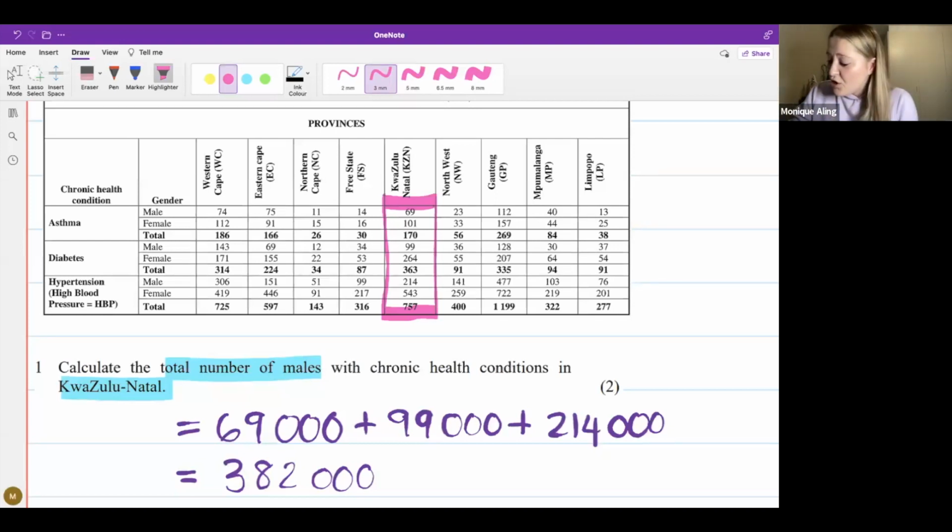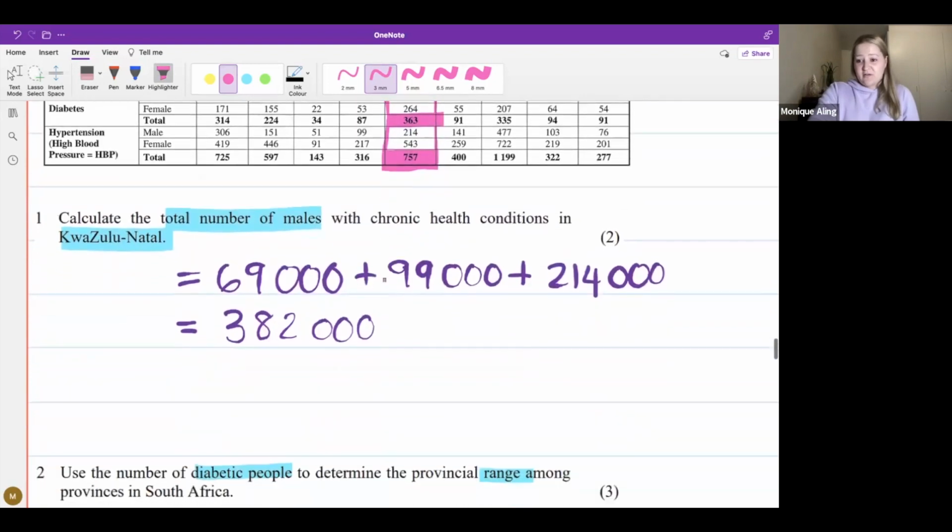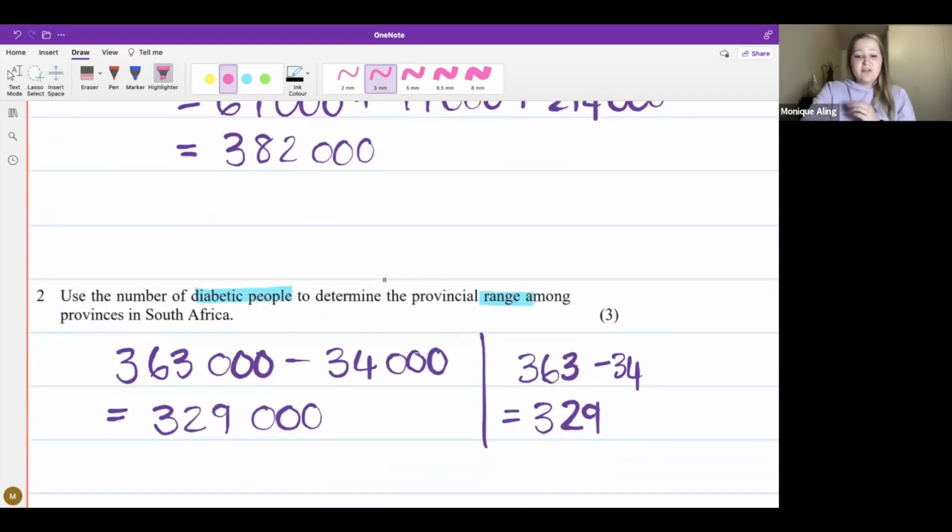So we're going to take the total for asthma. So there's 170,000 people with asthma, 363,000 people with diabetes, and 757,000 people in KZN with hypertension. So that's the first step, working out the main total in KZN.